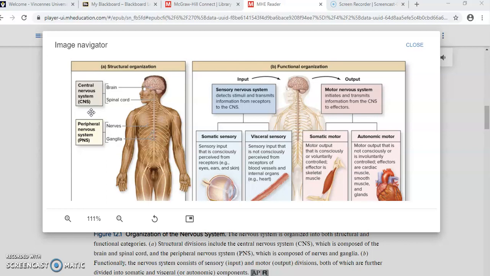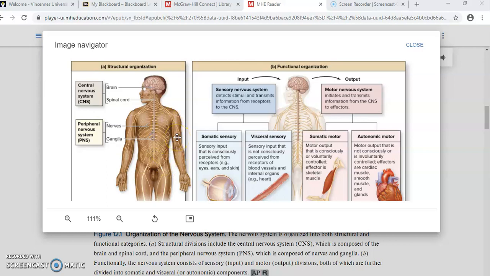And then the other main part of the nervous system is the peripheral nervous system, which we also abbreviate most of the time PNS. And that includes the nerves that are coming to and from the brain and the spinal cord. So those are, in this picture, yellow. So all of these are part of the peripheral nervous system.